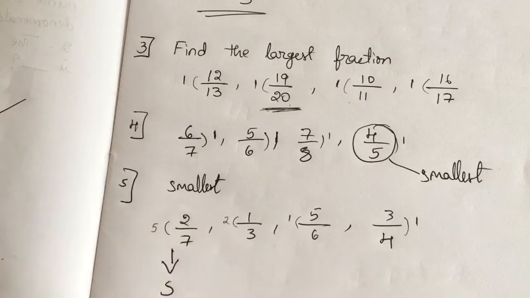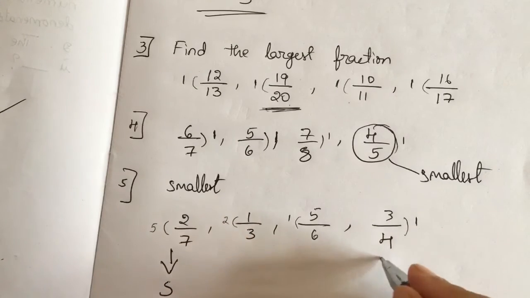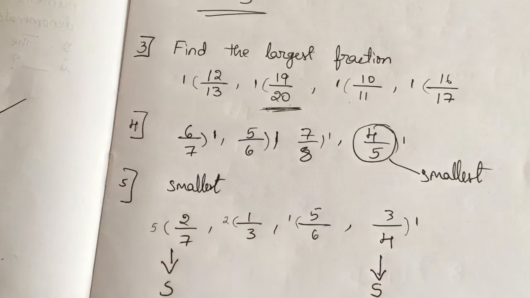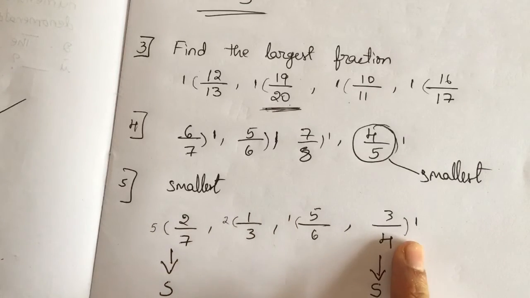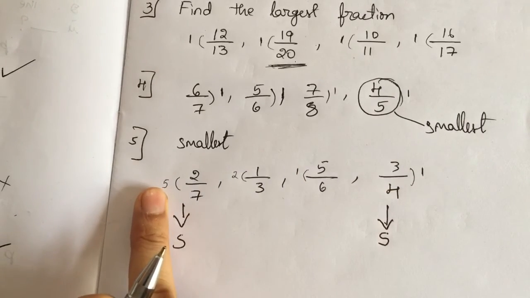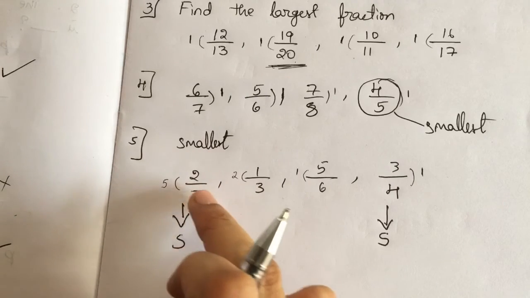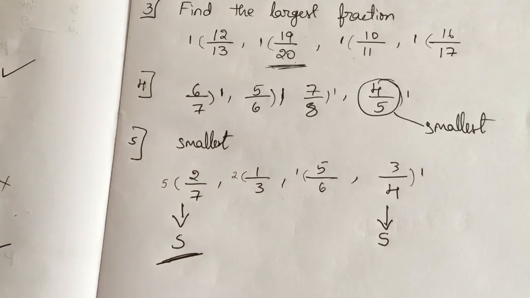And when I compare these two, this is the smallest one. But again, when I compare these two, this has the maximum difference between the numerator and denominator. So this is the answer.